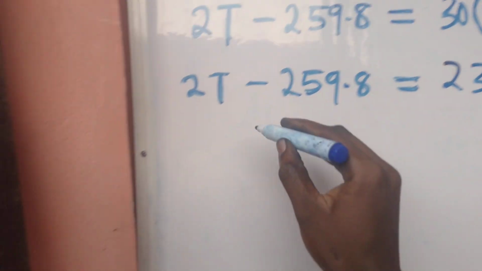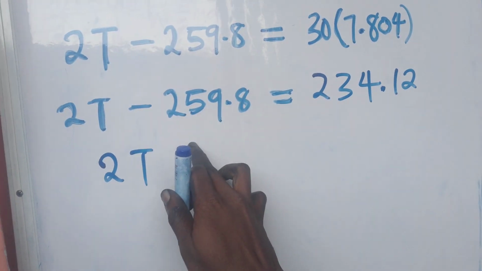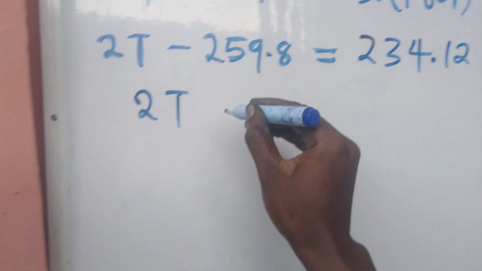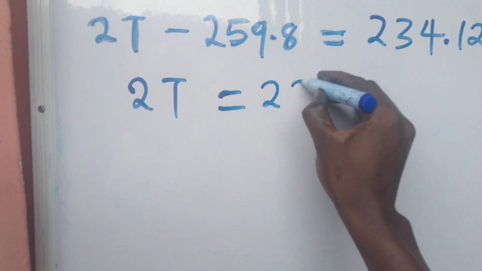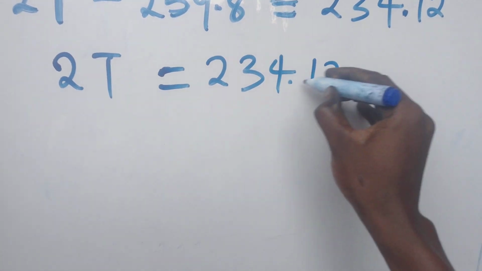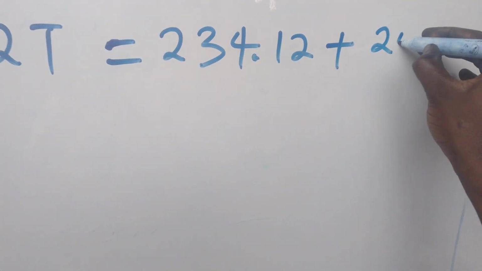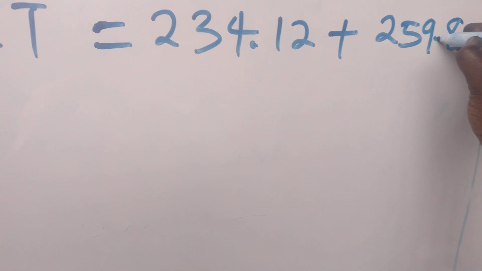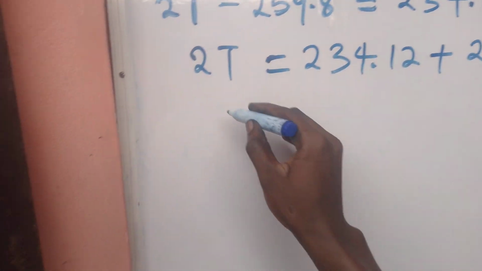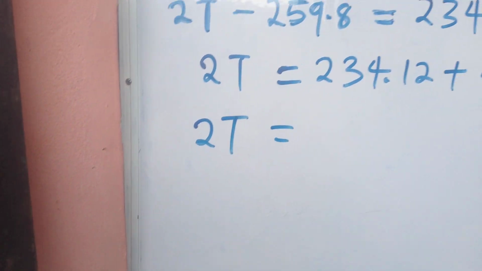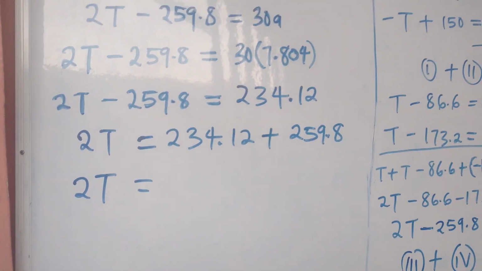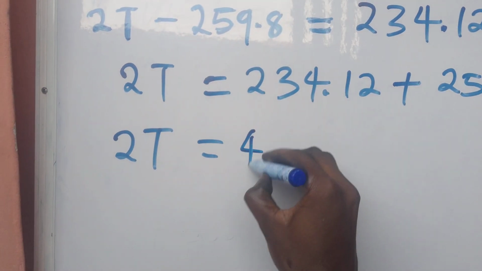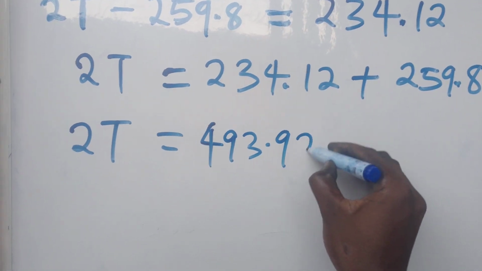The minus 259.8 crosses over to change to plus, so 2t equals 234.12 plus 259.8, which is 493.92.